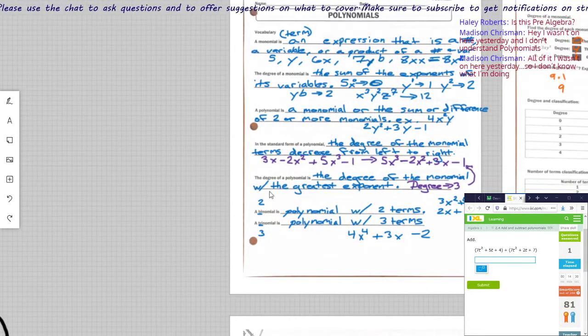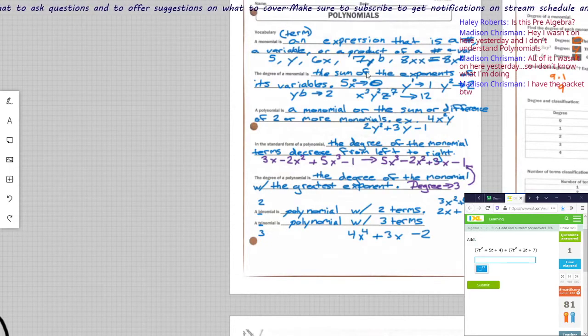Big thing to take away from what's in the packet, the notes that I wrote: standard form, make sure your degree is going from highest exponent value to lowest. That's the first thing. And the degree is the exponent value, so the highest exponent value. If it's just one variable, it's just the exponent on that variable.